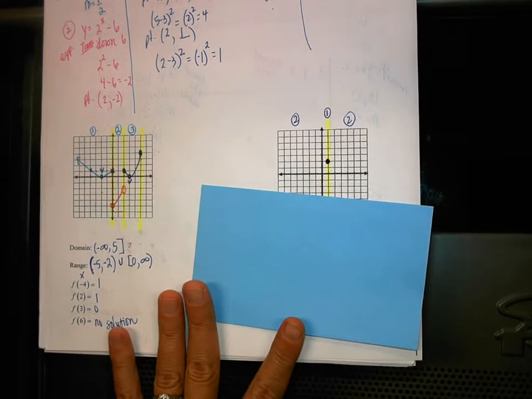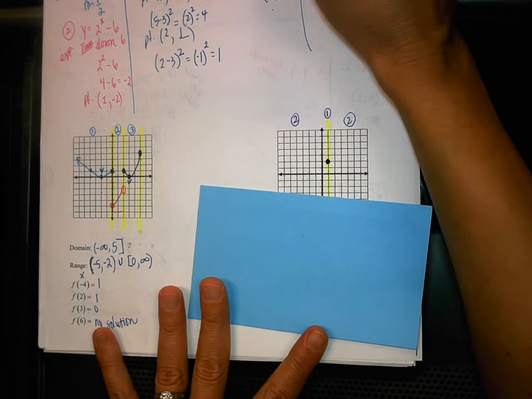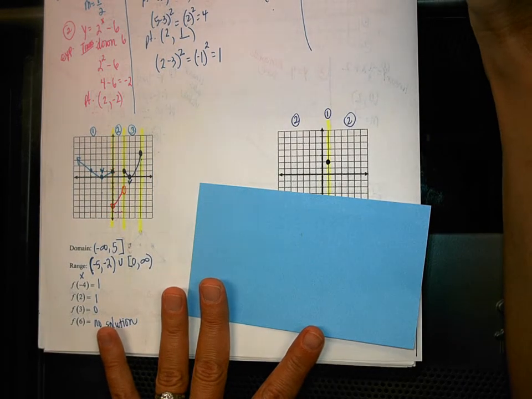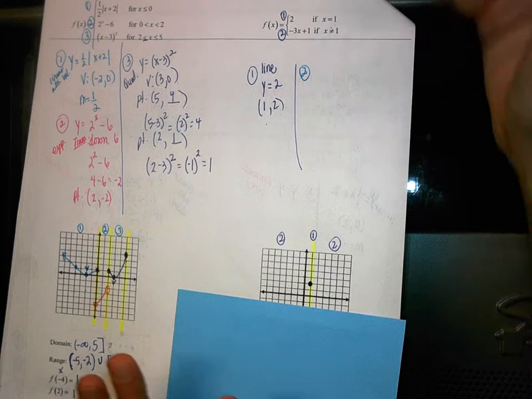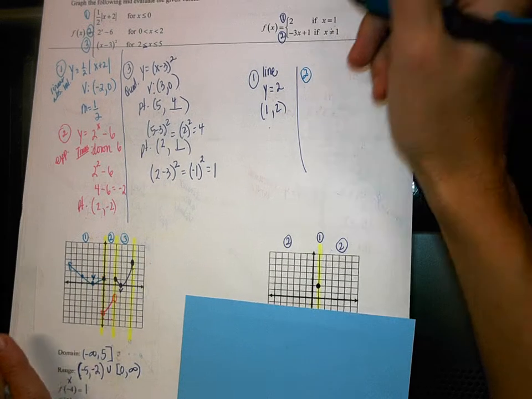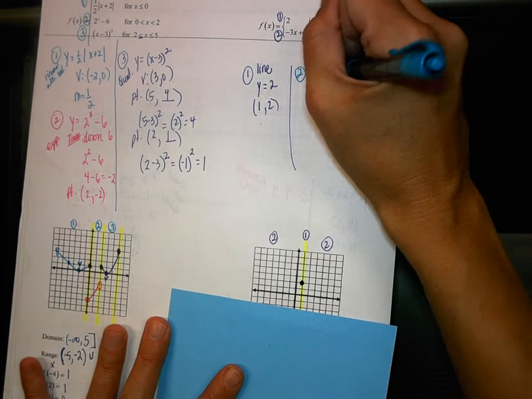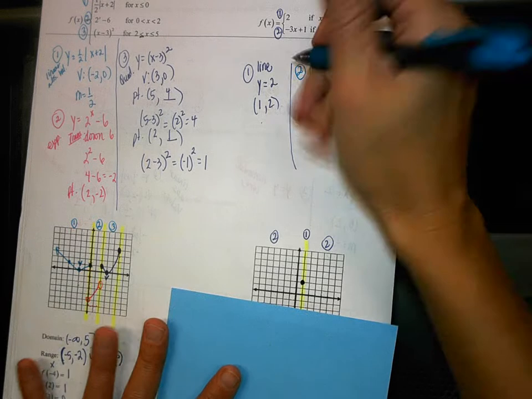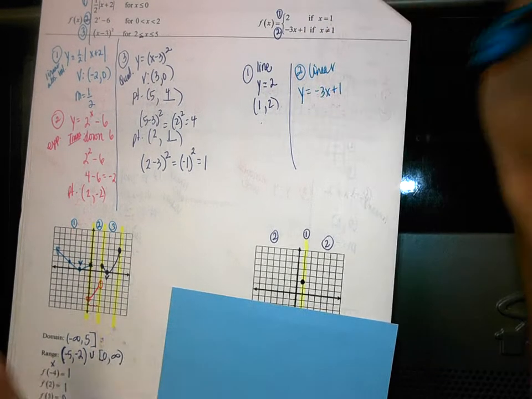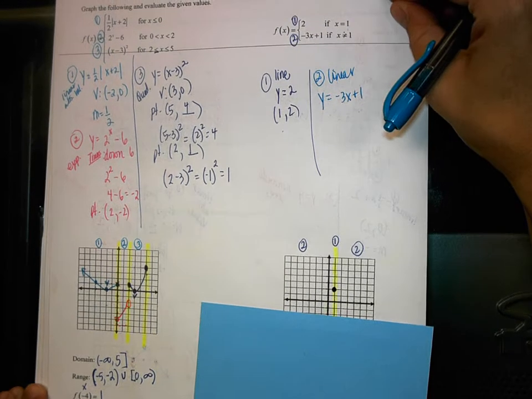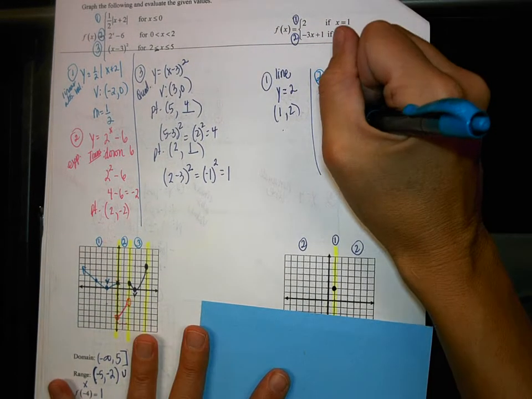Now for our other equation. What is it? Yes, thank you. What is our second equation? Very good. It's also linear. Y equals -3x plus 1. What would be our starting point for this one? 0. Good. 0, 1.